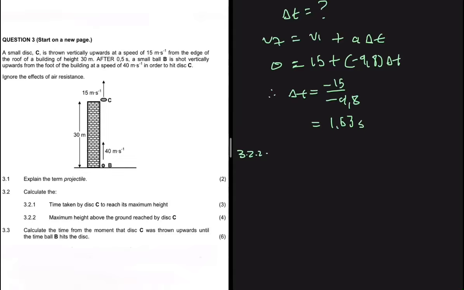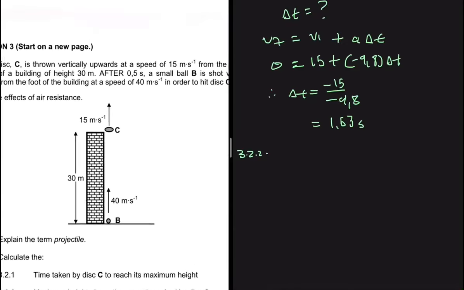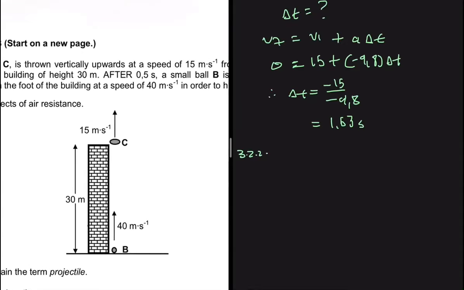3.2.2 is saying let's find the maximum height above the ground reached by disk C. So let's come to a sketch here so that I can take you through something, right? We know VI because it is given to us, so we have VI at this point, and then we have some VF somewhere here, where the velocity is equal to 0, and then we have delta t for this part of the motion. So with that information, we can attempt finding the distance from the top of our building until maximum height, right?